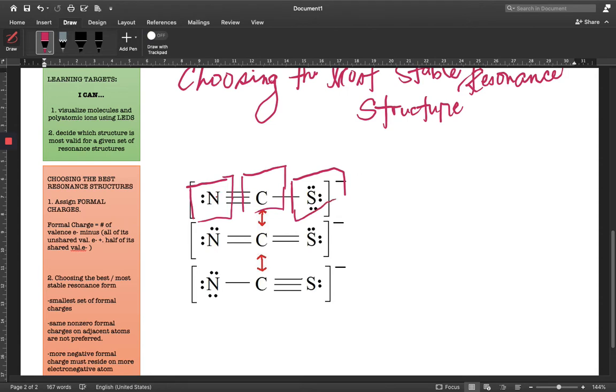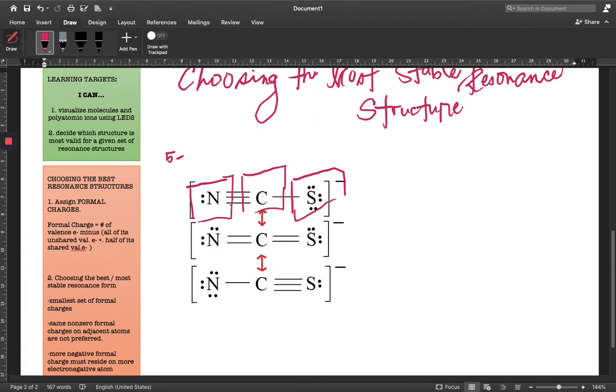So now that we have enclosed them in a box, the things that we need to know are the number of valence electrons for that particular atom. So for example, nitrogen here has 5 valence electrons. So nitrogen has 5, we subtract it with the number of electrons present in that box that we made. In this case, this is 1, 2, 3, 4, 5.